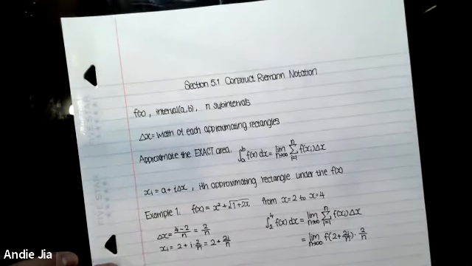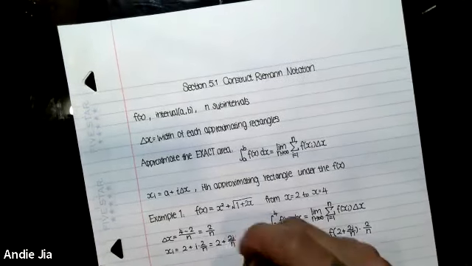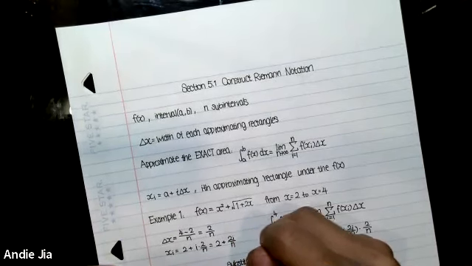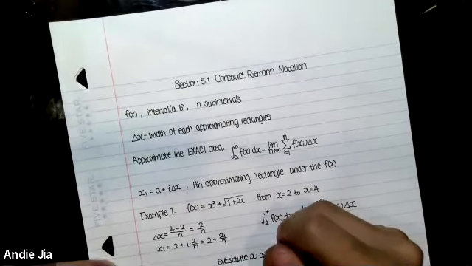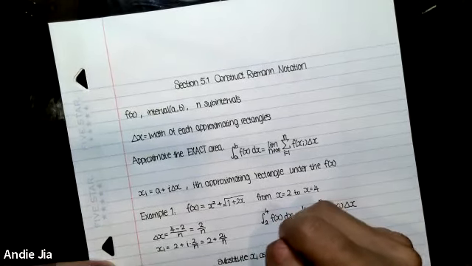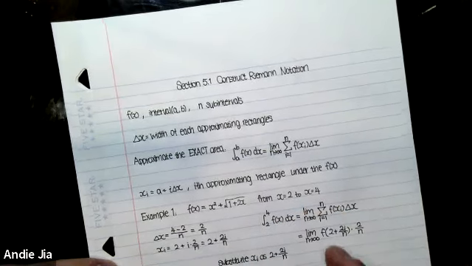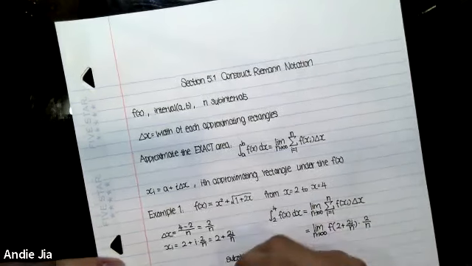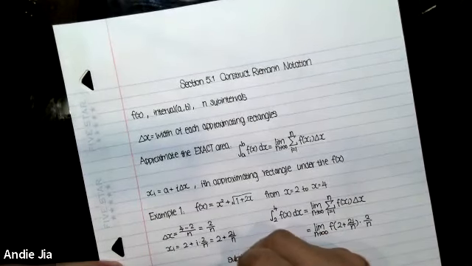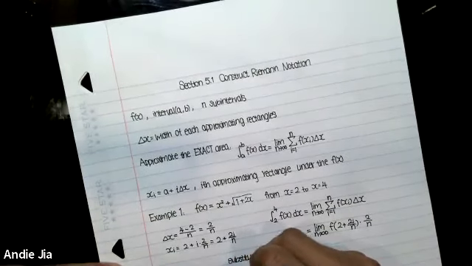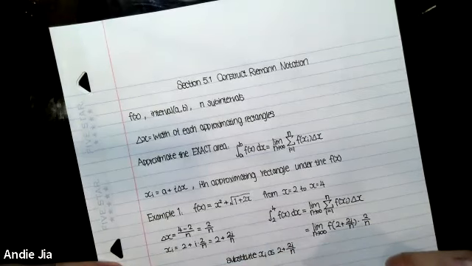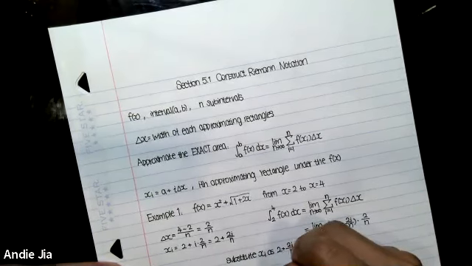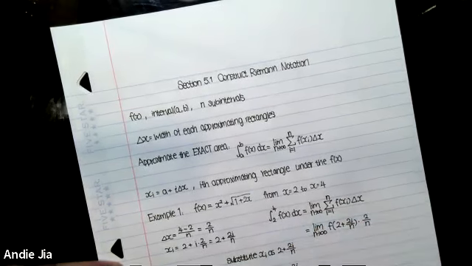We substitute x_i into the function f of x, so this time we substitute 2 plus 2i over n for x.